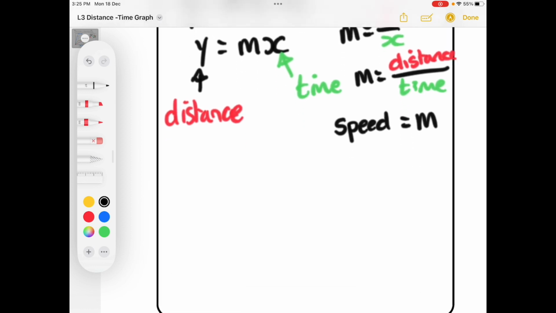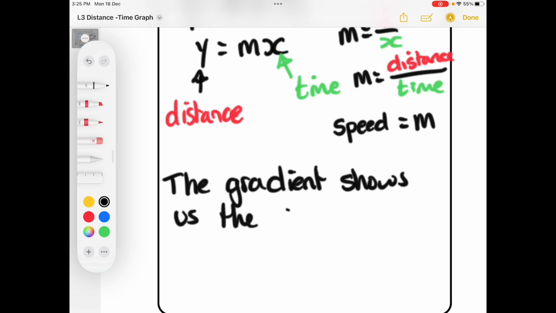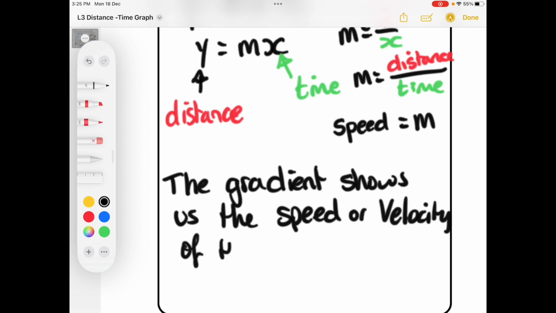So on a distance time graph, the gradient or slope shows us the speed or velocity of the object.